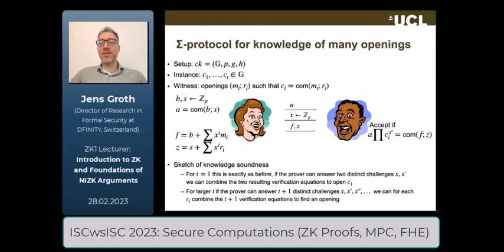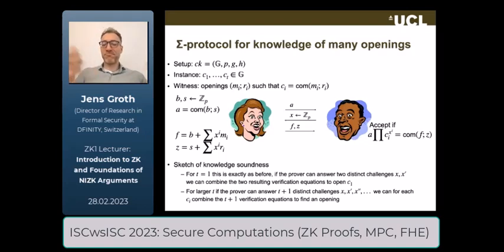If you have T plus 1 challenges that could be answered, then for every commitment you can take combinations of answers to those challenges and get their openings. This is a little akin to the fact that if you have a degree T polynomial and you have T plus 1 points on that polynomial, then you're able to interpolate and figure out the whole polynomial.